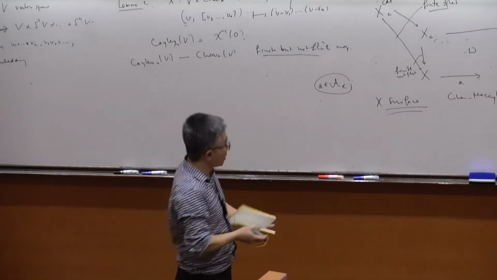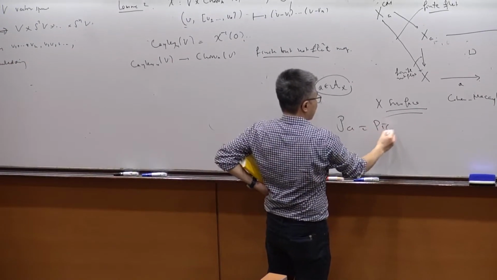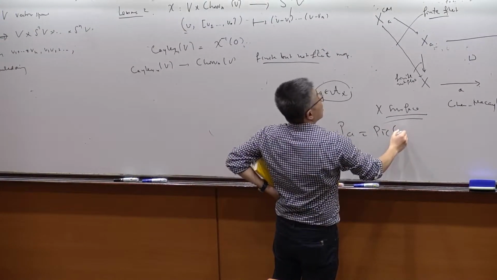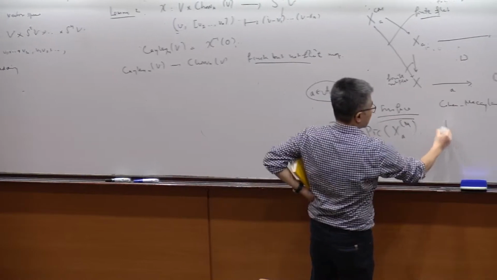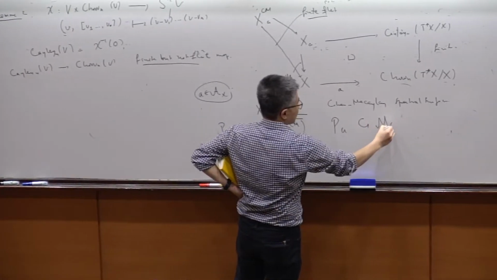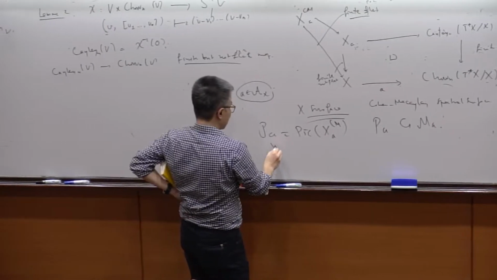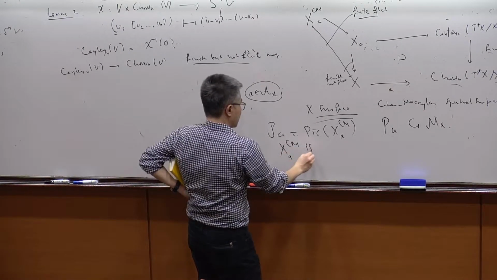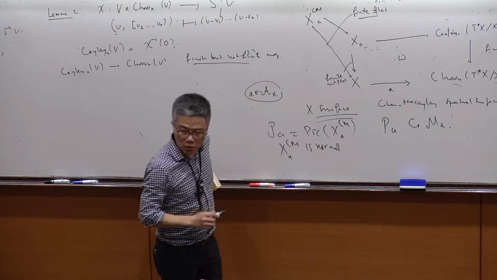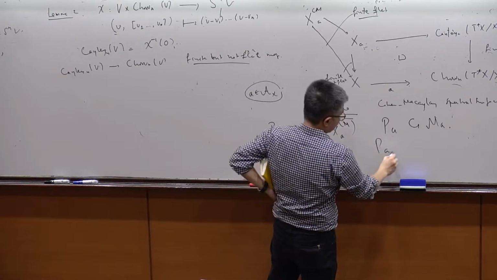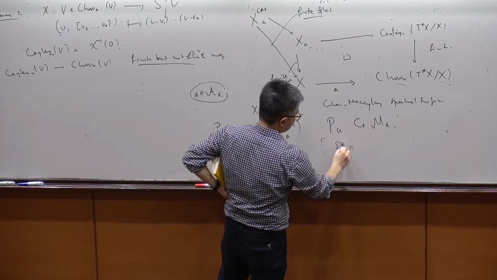Right. And then you can prove that you have P_A to be the Picard variety of X_A Cohen-Macaulay, and then P_A acts on M_A as in the one-dimensional case. And moreover, if X_A^CM is normal, you don't need smooth, just normal, then this action is simply transitive.